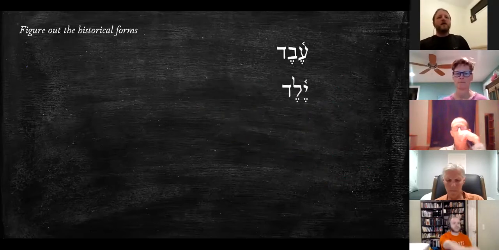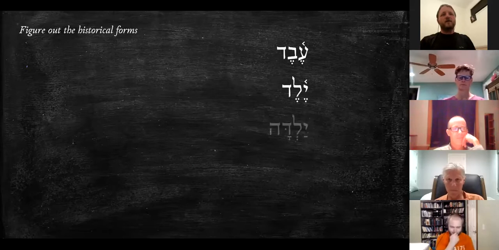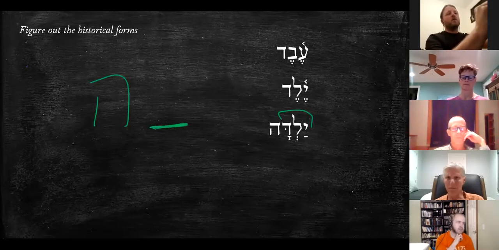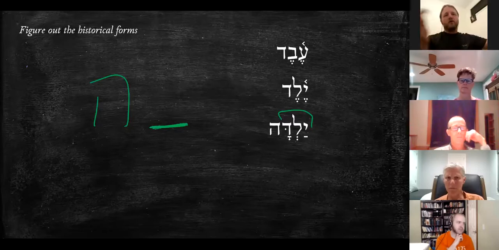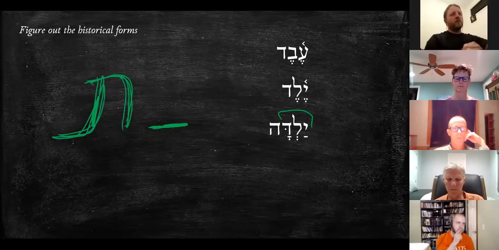Yeled. Yeled is, his child is Yaldo. So that's the root. The historical root is Yald. And that we see exactly in Yalda, where we just add the feminine ending. Historically, when we mark the feminine ending, we're going to mark it with patach, because all the vowels are going to go to patach. Okay? And what we have is that this in the absolute form becomes this in the construct form.